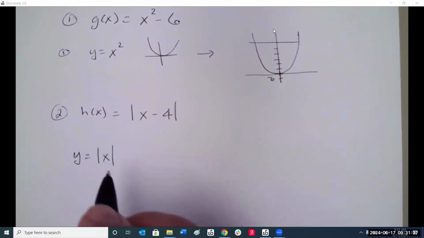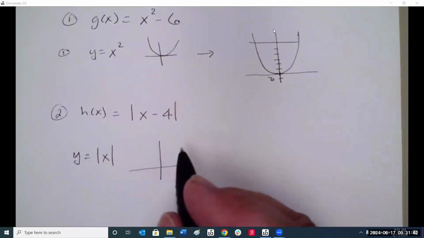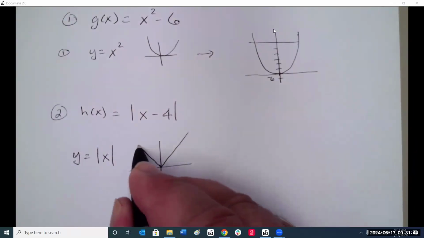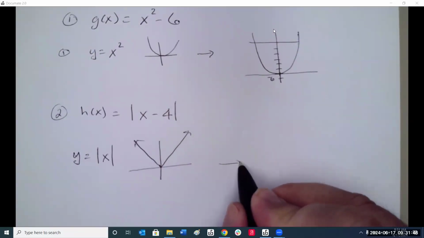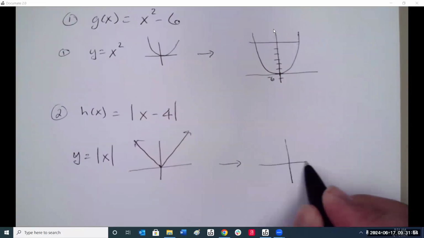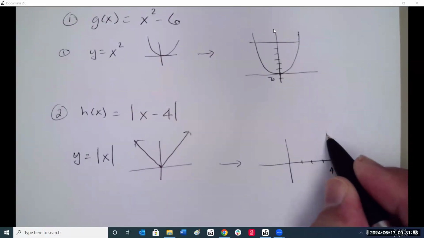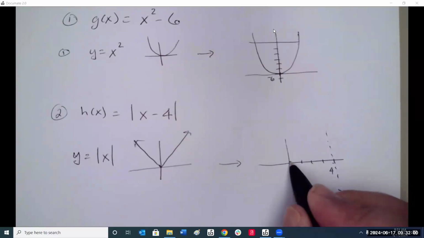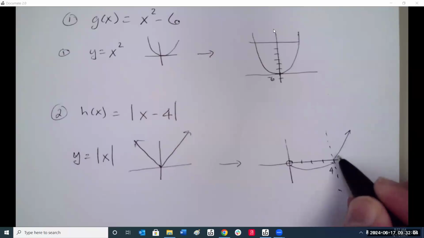Absolute value of x. What does that graph look like? Very good. It's v. So what does this one do? Go to the right 4 spaces. Very good. So there's my new origin. So I shifted the origin from here to here. So the graph looks the same.